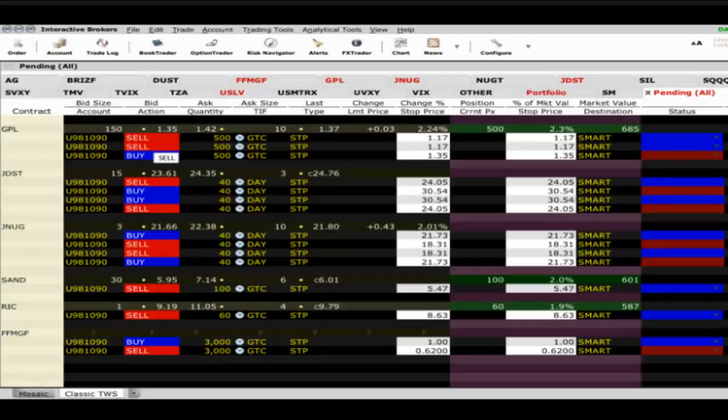It should be noted that there are several types of accounts, but basically you have your cash account and you have your margin account. With the margin account, you're able to borrow funds from your broker and purchase stocks more cheaply because you're doing it on margin.